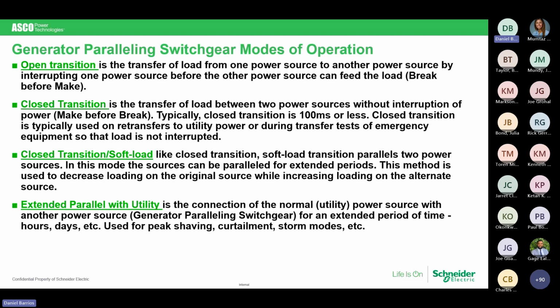Extended paralleling with utility: peak shaving, curtailment, any of those. Many of the utilities are now reaching out. They have exceeded their capacity during peak time. I'm sitting down here in Houston, Texas, and we are under that criteria where they will reach out to one of your customers and say, if we can give you 30 minutes notice, we want you to come online, either connect and go into an island mode where you are completely off the system, or can you at least generate your first 500 or 800 kW of your system?